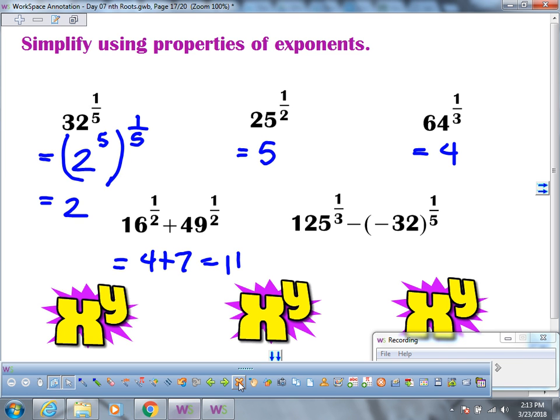Because you're not trying to confuse me or anything. Good. Okay. All right, so this is 5 plus 2, right, equals 7. Another one?